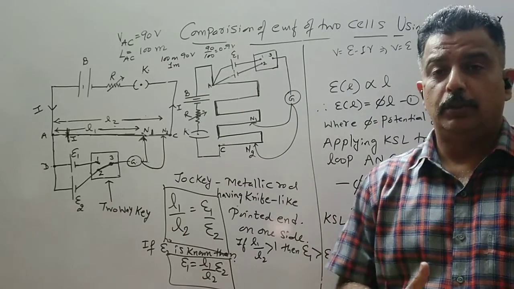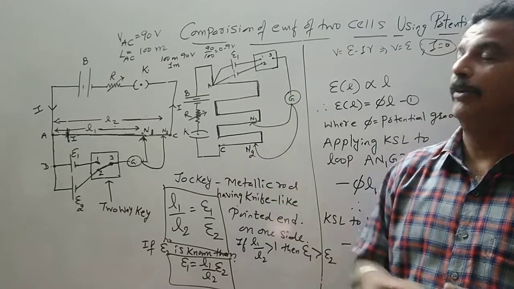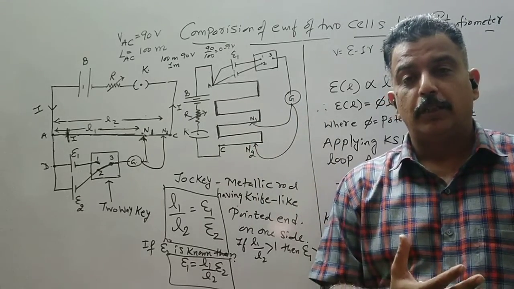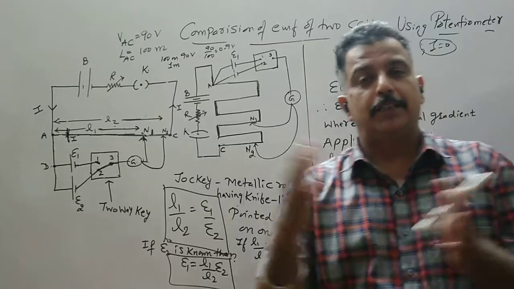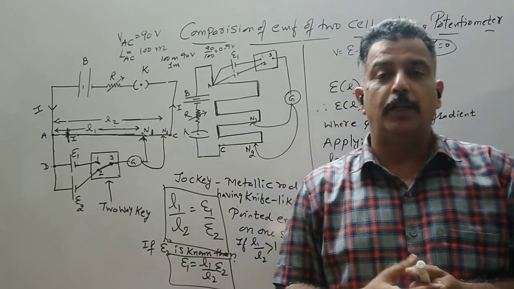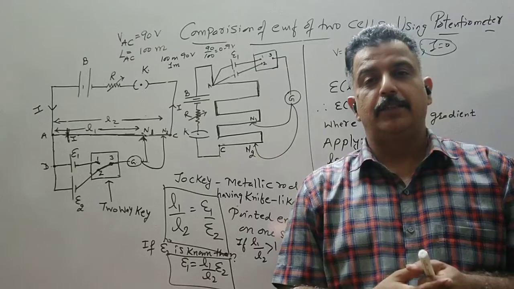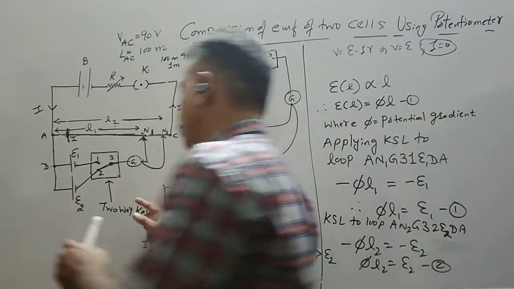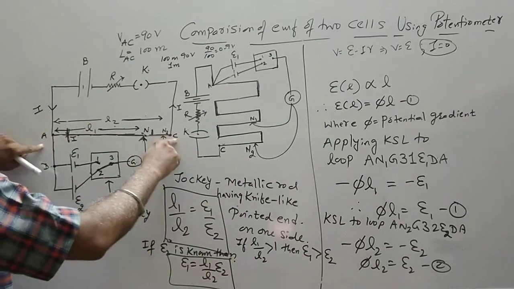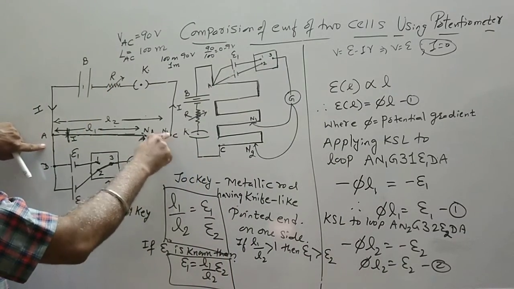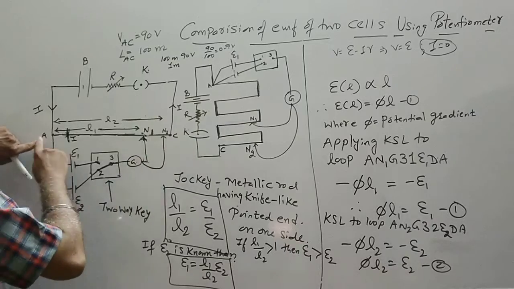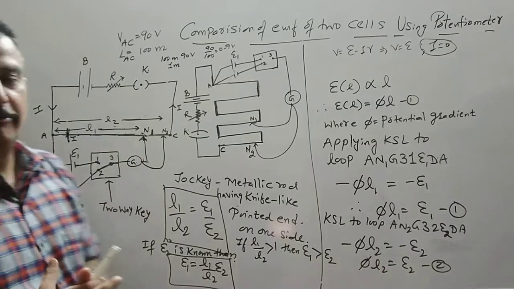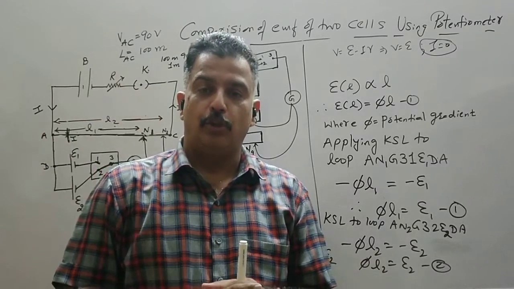So that is how the potential gradient can also be found with the help of Ohm's law, that is, total current is equal to total EMF upon total resistance. Once we get a current I, you can find out the potential difference between points A and C by applying Ohm's law, that is I multiplied by the resistance of AC, where we will have a resistance value per unit length also.